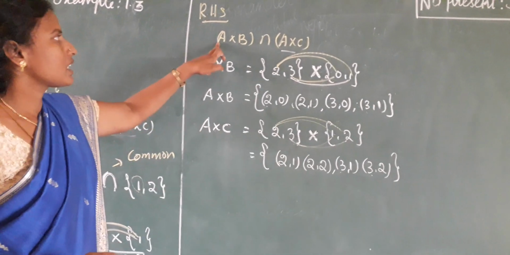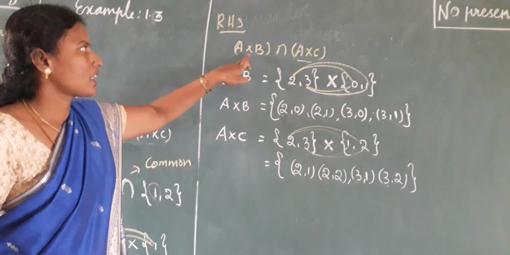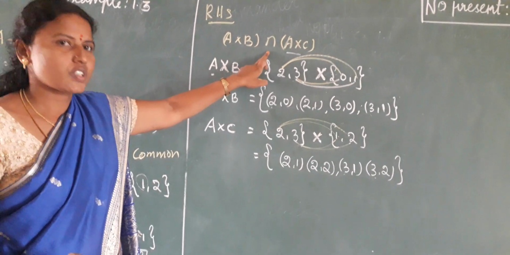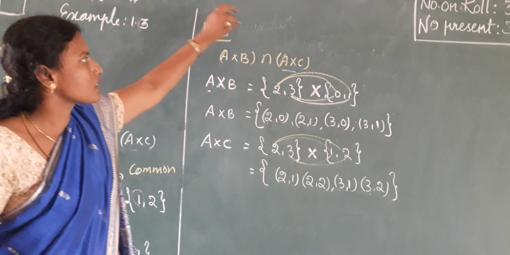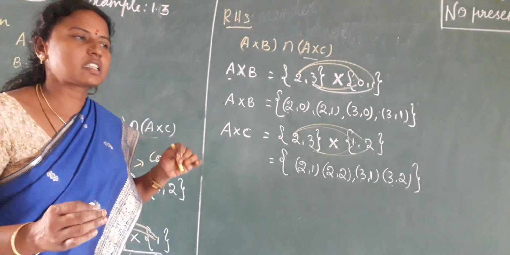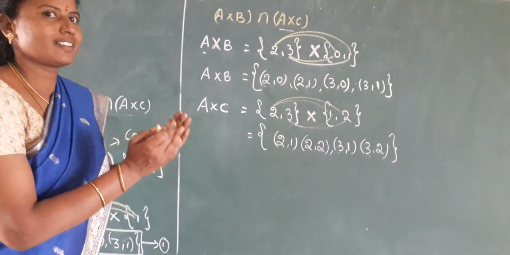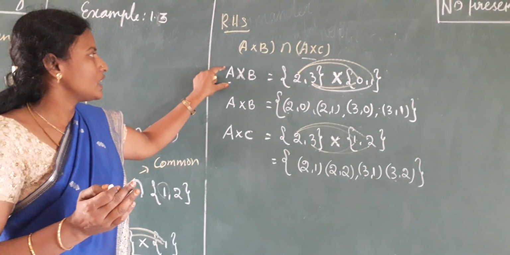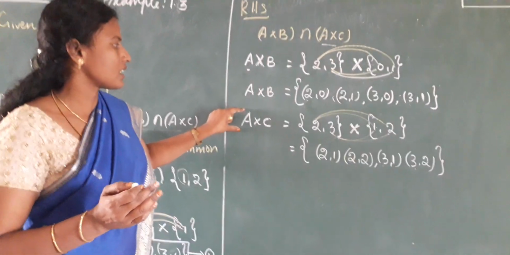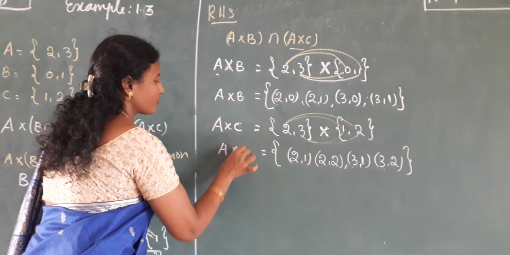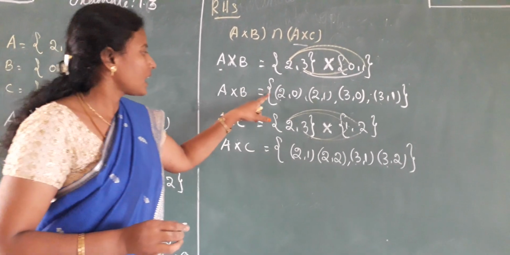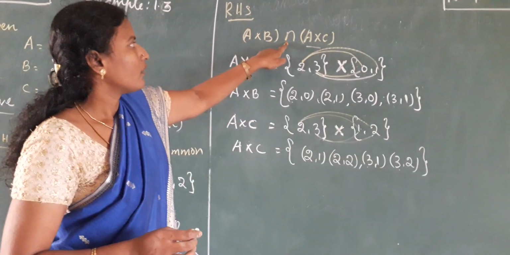No. See the property: A cross B intersection A cross C. Now we have found only A cross B and only A cross C. Next, compare the values of A cross B and A cross C. Which one do we want to find?